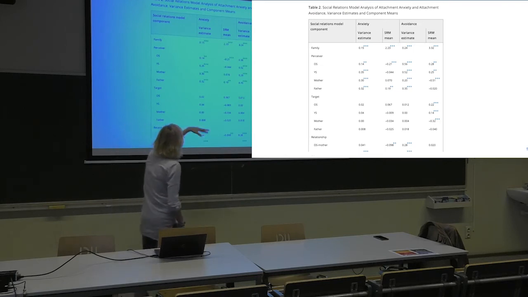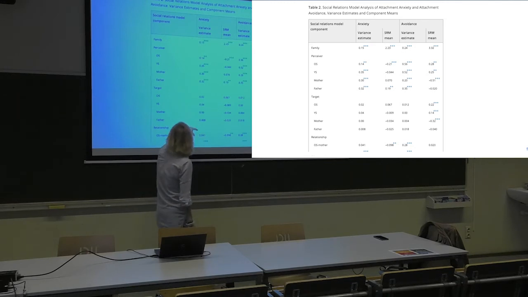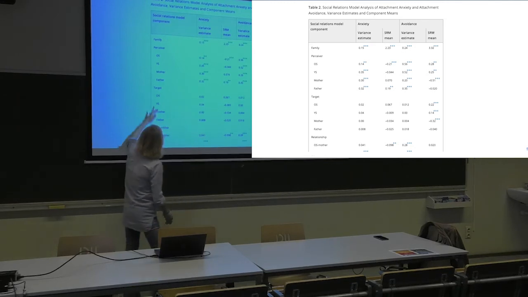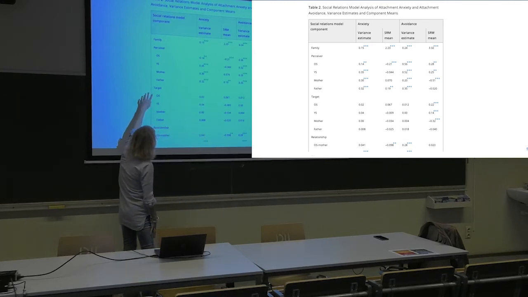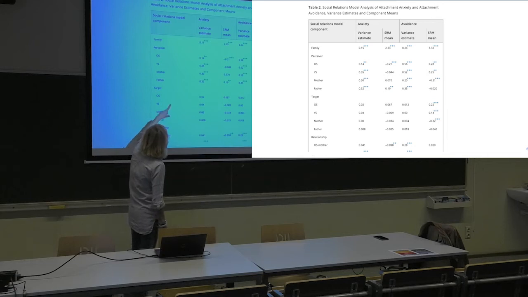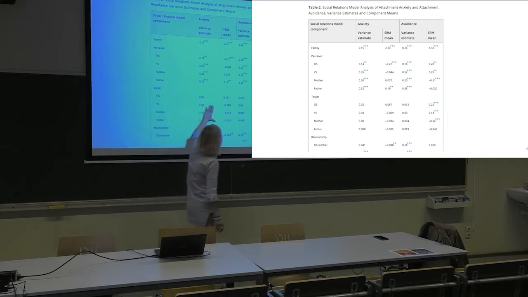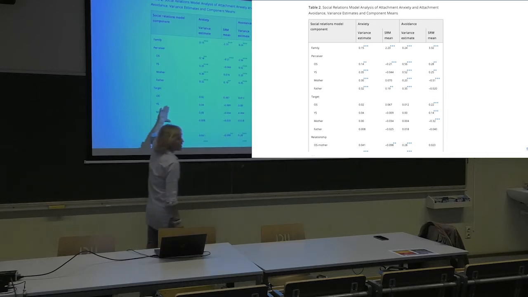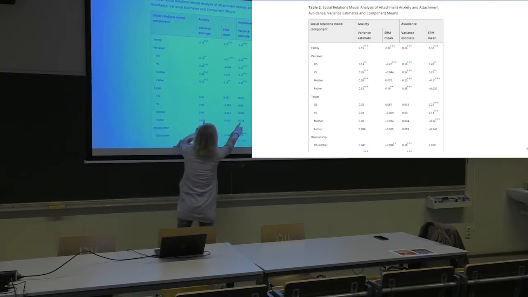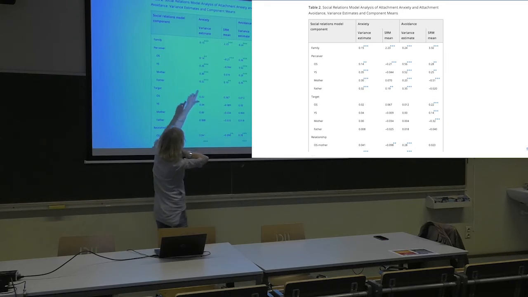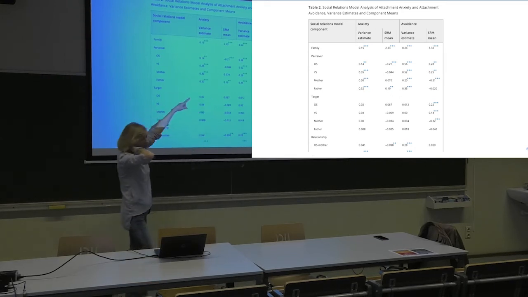I will talk about the means later, but here is the variance. It's only family, perceiver and target, and the relationship starts here, but I didn't really put it all the way. Here you see there is no target variance. Perceiver variance there is in anxiety and avoidance, and also this family effect.